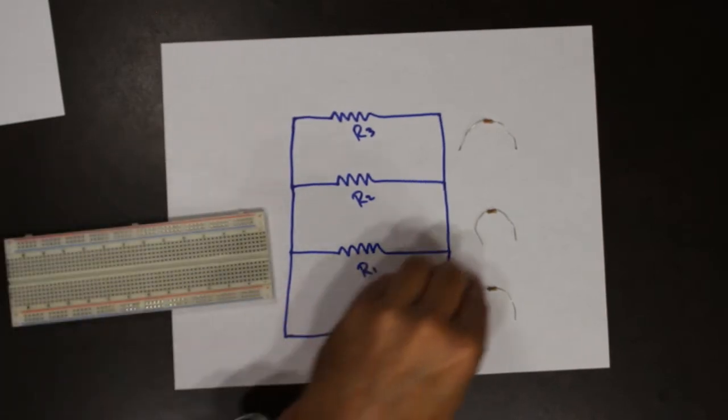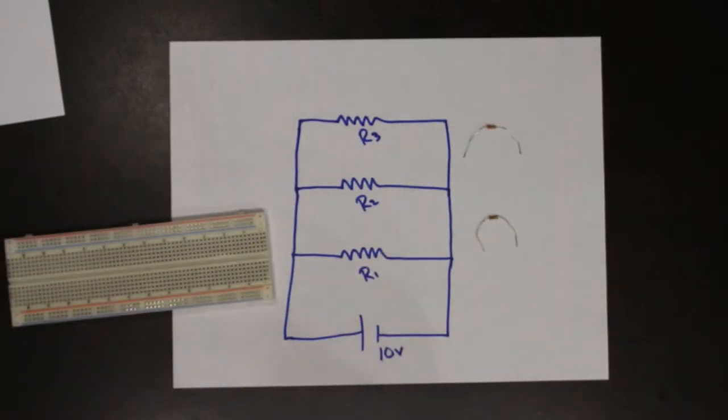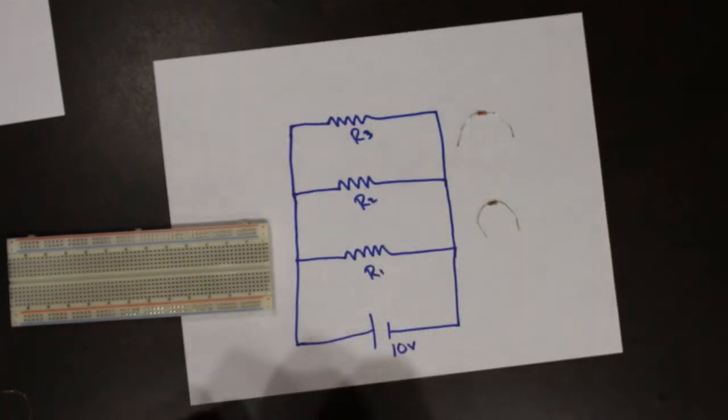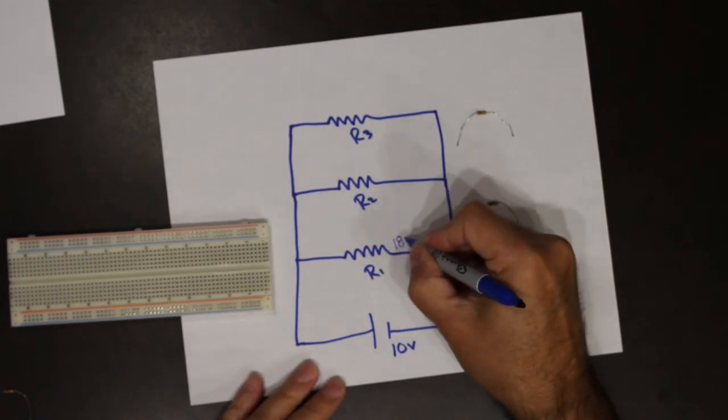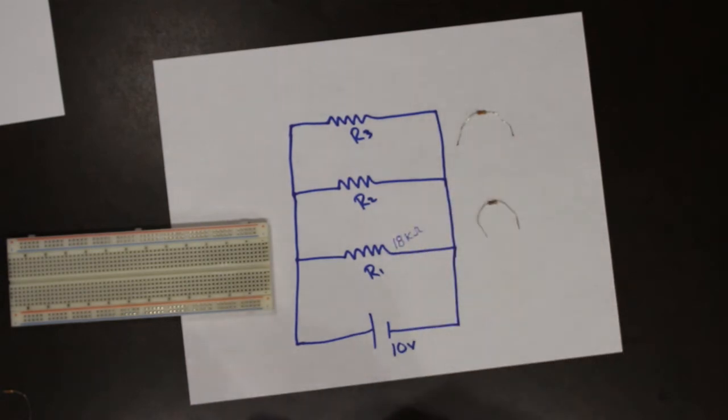So the resistors that I grabbed, the first one, the colors brown, gray, orange. So brown, gray, orange is going to be 18 kilo ohms.